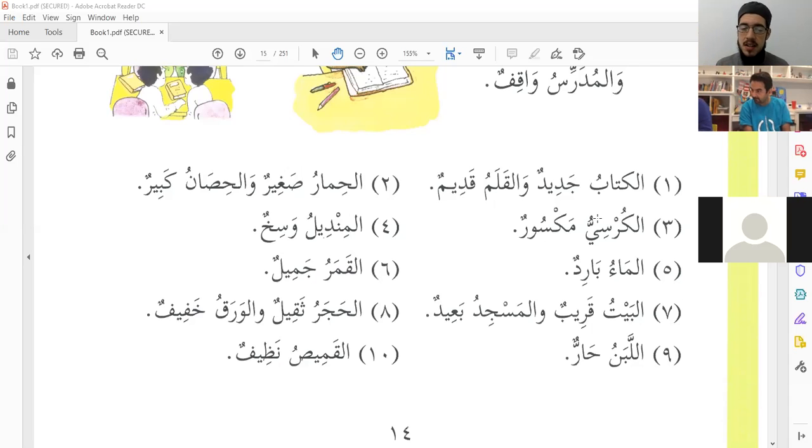Ma'rifa and nakira. So the mubtada is ma'rifa, and that rhymes, so it's easier to remember. Mubtada ma'rifa. And the khabar must be nakira, or indefinite, which is why the khabar maksur has a tanween on the end. It doesn't just have one dhamma, it has two, maksurun.